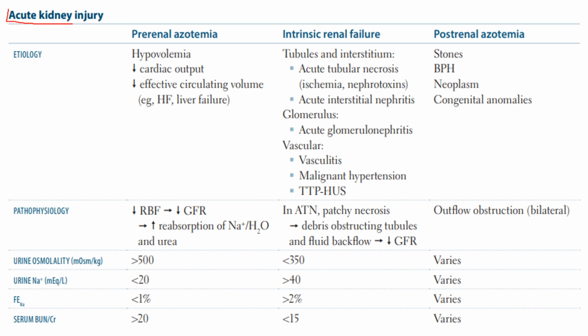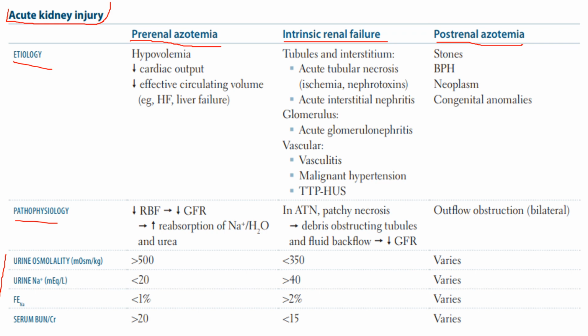Acute kidney injury. There are three types of kidney injuries. First is prerenal azotemia, then intrinsic renal failure, and the postrenal azotemia. We'll see the etiology, pathophysiology, and the laboratory findings of each of these three kidney injuries.